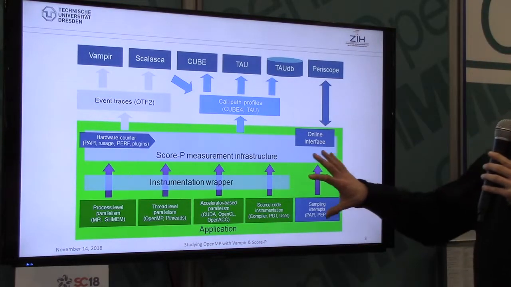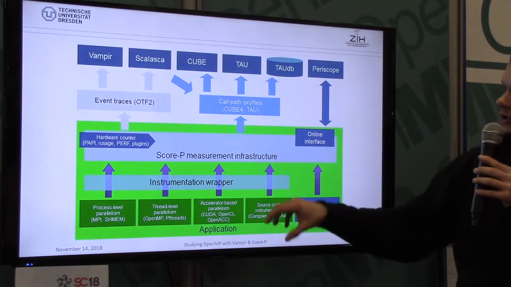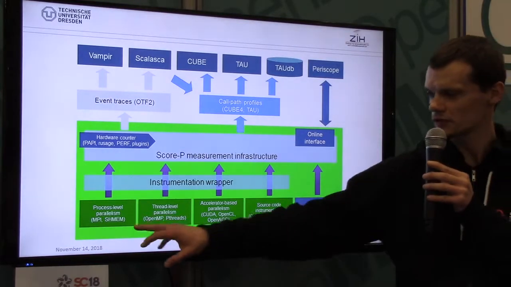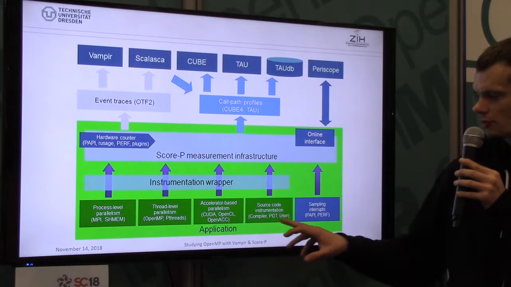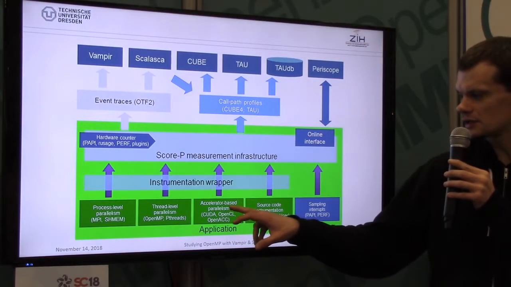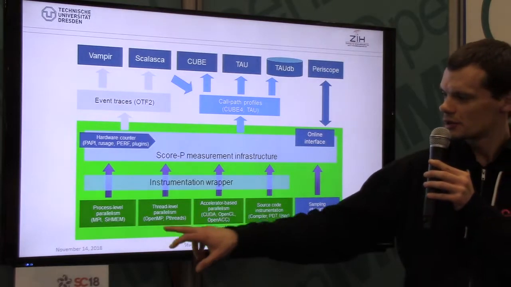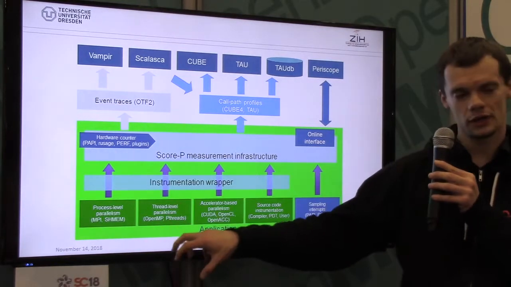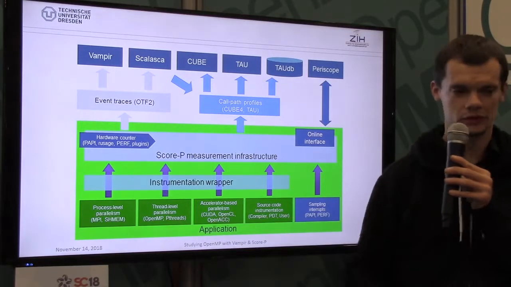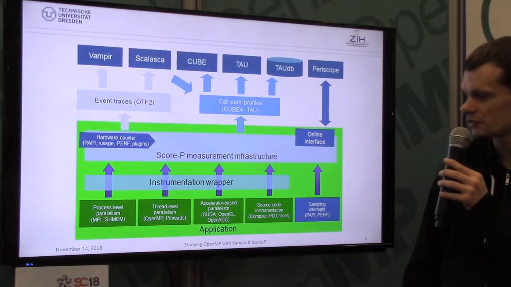And what we have here is a measurement core which can connect to your application through several adapters. So we have adapters for MPI, but also for compiler instrumentation. And what's really interesting here is the part responsible for connecting to your application for thread level parallelism. And there we support OpenMP and pthreads.